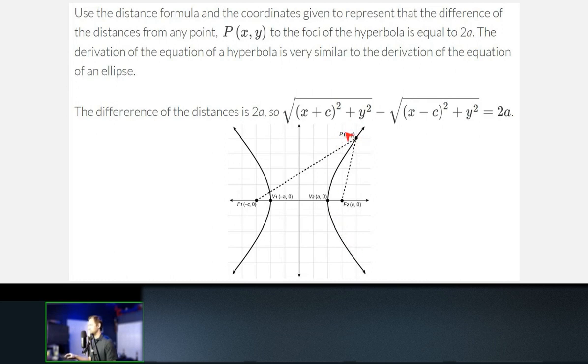That's why it's just P(x, y). It's anything, it doesn't matter. The distance from one focus to that point minus the distance from the other focus to that point will always equal 2a. So this is an important formula because you'll use that basically to solve for, well, a.